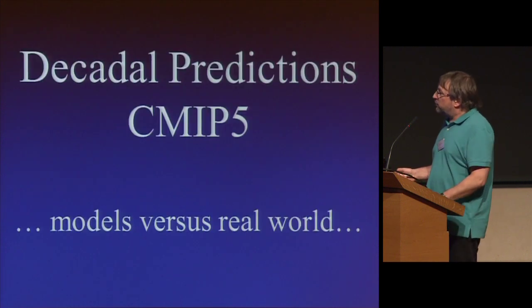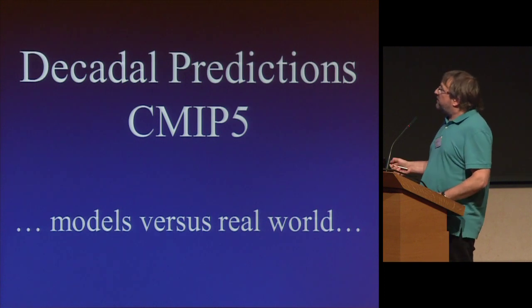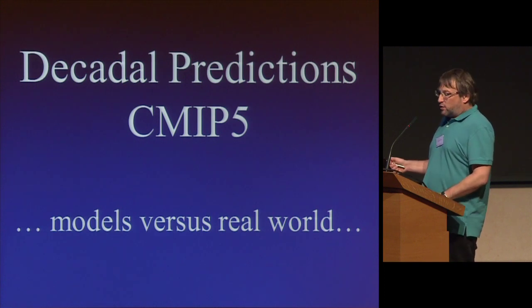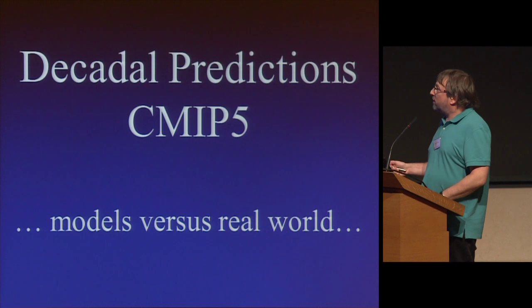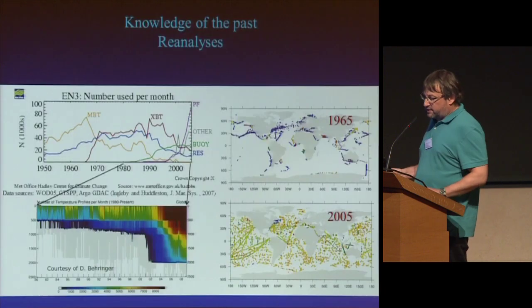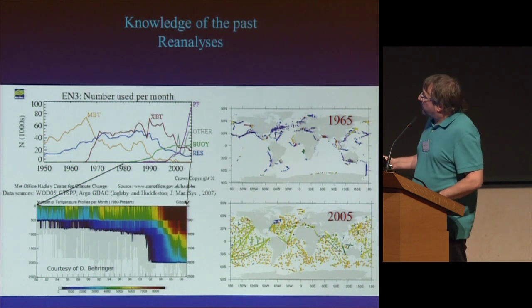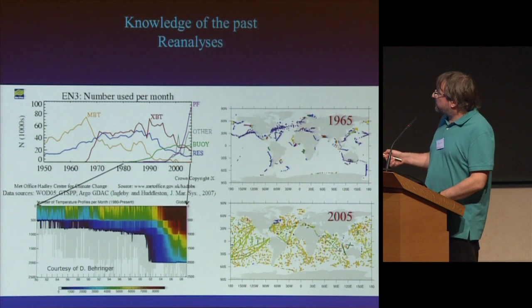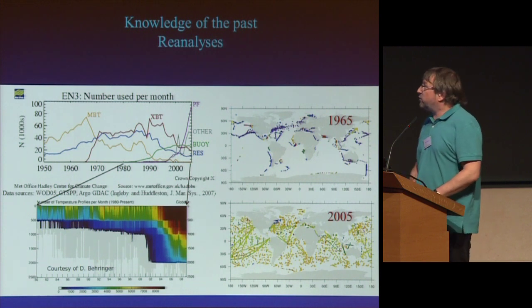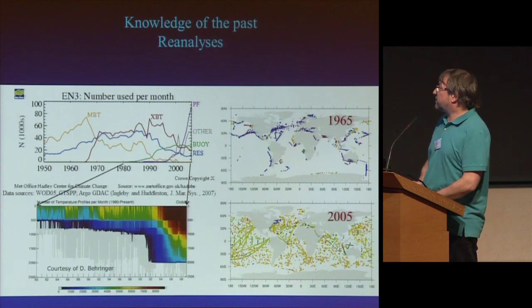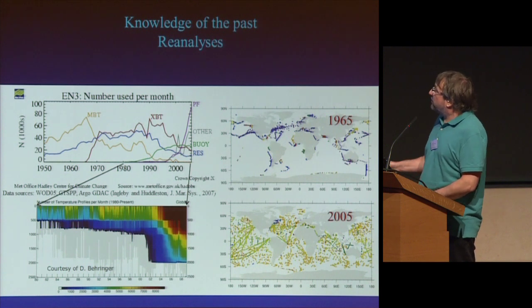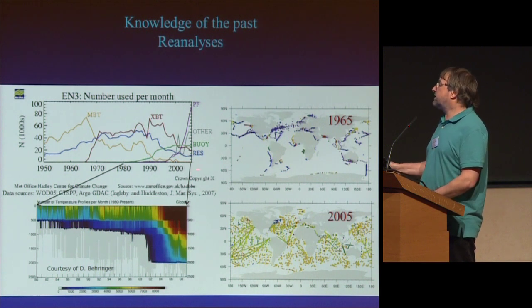So now comes the most difficult part, confronting models with the real world and real observations, and that was something asked for the decadal part of the CMIP5 experiment. First of all, you need to have some knowledge of the past, for example over the last 50 or 60 years.